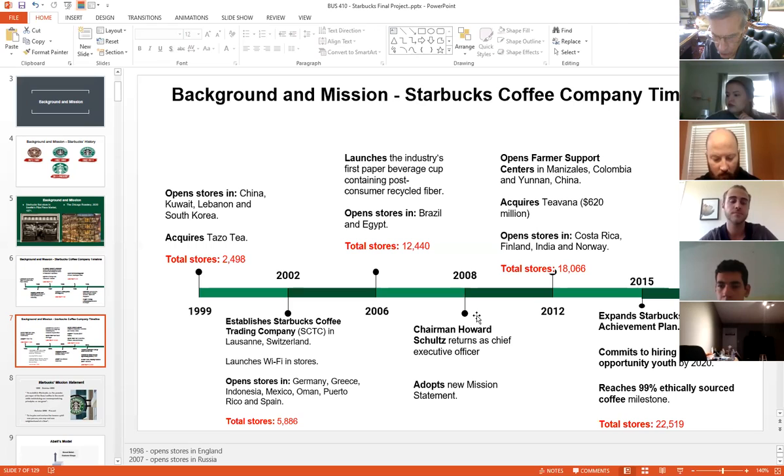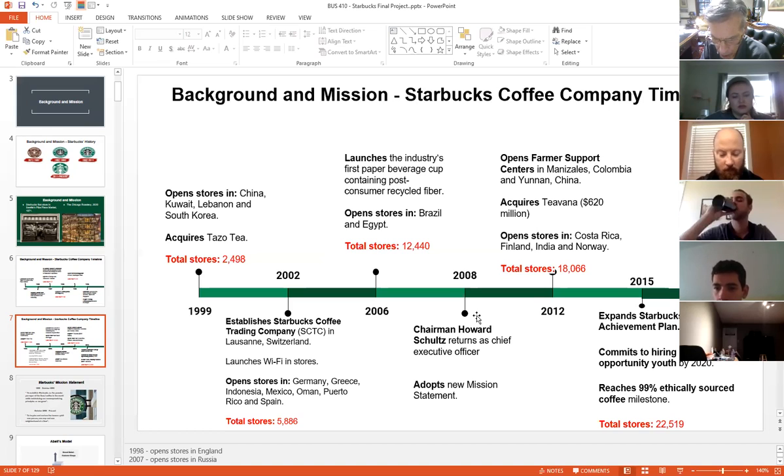Another thing I think is very important is in the upper right-hand corner of this slide, where we see the farmer support in Colombia. Starbucks has put together what we could call alliances to be the sole purchaser of some premium coffees in Colombia, but also provided a lot of support to the farmers there.